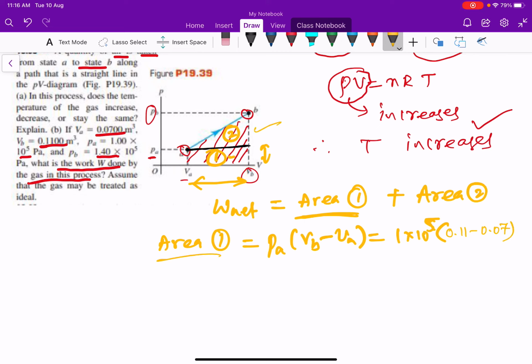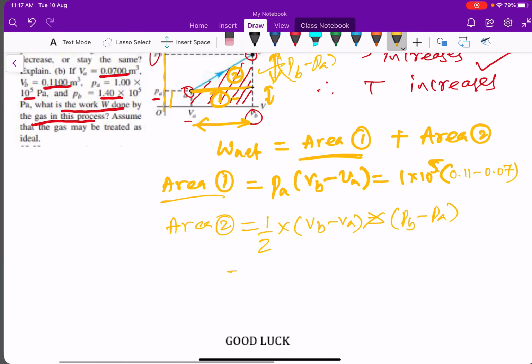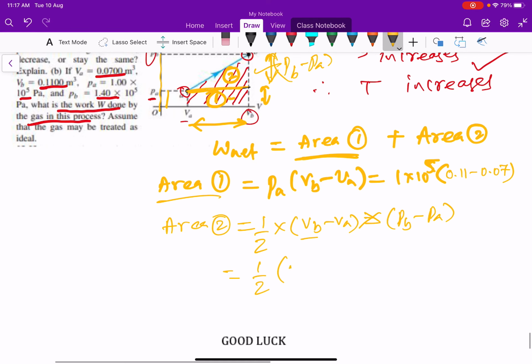And now the area for region 2. The area for region 2 is half into length into height. Length is VB minus VA, and the height is PB minus PA.